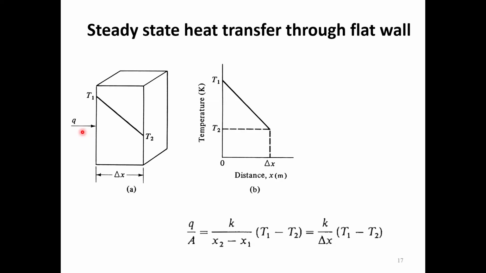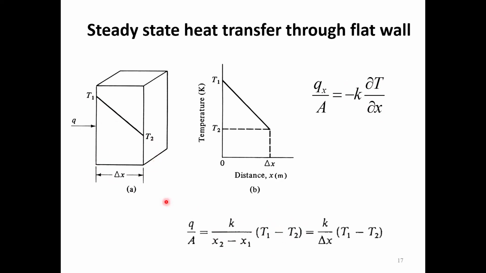is pretty much valid. To derive this equation, you begin with Fourier's law. You move delta x to the side, and delta T of course remains on this side, and you integrate it from point 1 to point 2. Then you end up with this equation, a very simple integration, where at the bottom you have the thickness of the flat wall, and at the top you have the temperature difference.